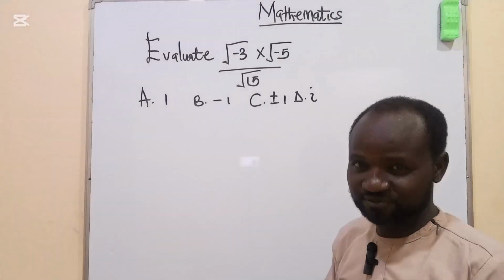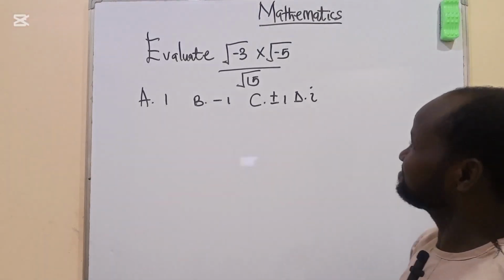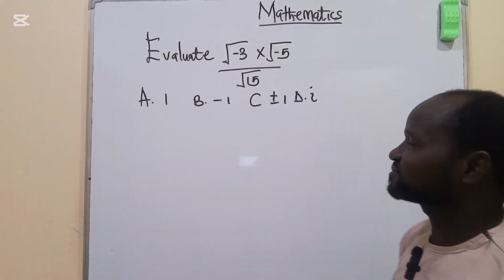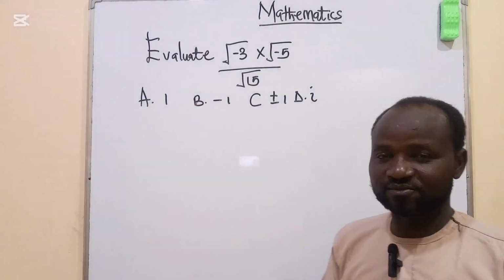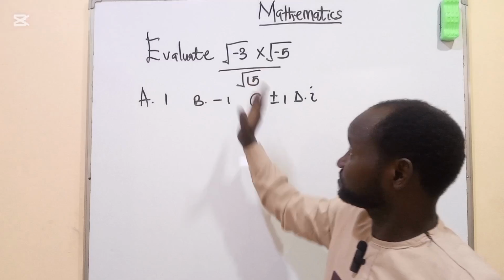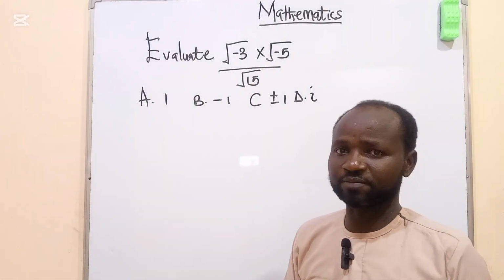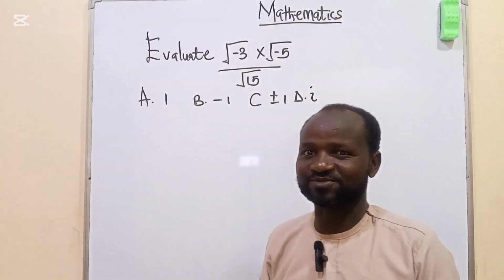This is an objective question. Option A is 1, option B minus 1, option C plus or minus 1, option D i. This is a complex number. In my previous video, I have solved questions from this topic called complex numbers. You can check my video to see that. Let's look at how we can handle this.